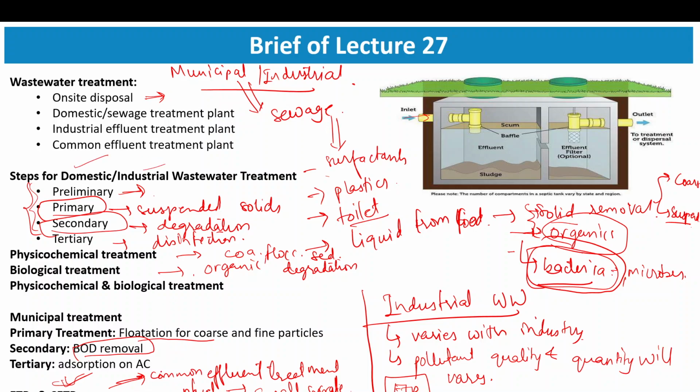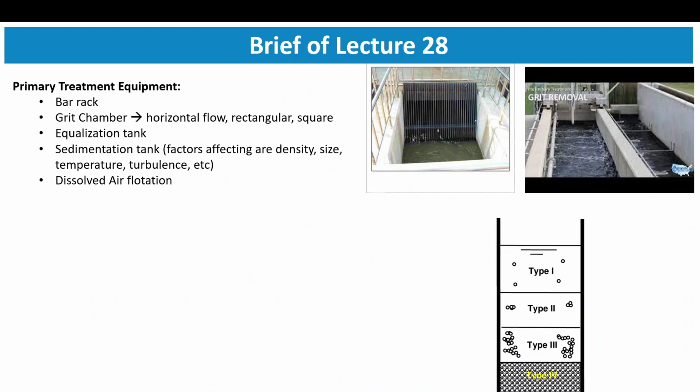They will be employed to remove and take care of all the pollutants present. So, starting with the primary treatment equipment, for primary treatment, coarse particles are mainly removed by bar screens.